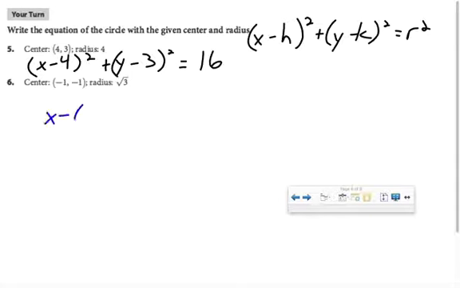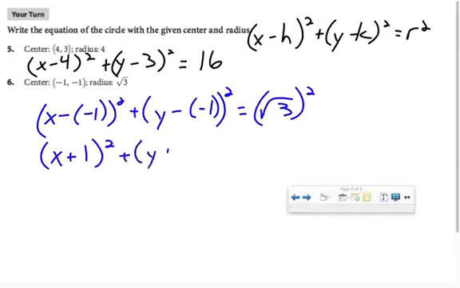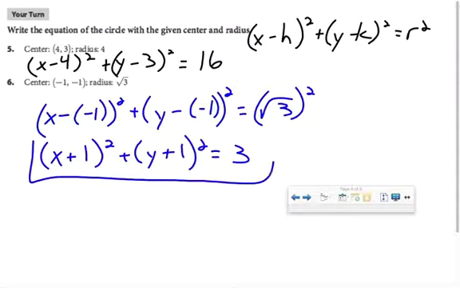Part B, I have (x - (-1))² + (y - (-1))² = (√3)². Cleaning this up, I have (x + 1)² + (y + 1)² = (√3)², which would be √9, which is just 3.